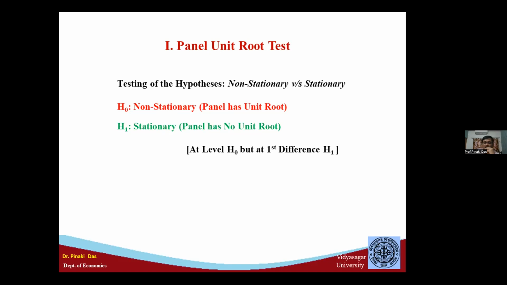But when we consider its first difference, meaning the successive difference from one period to another, then it is stationary, that is, no unit root. Do you understand what the level of a data set is and what the first difference of a data set is? Suppose I have data on Gini or GDP. Then what is the level of the GDP? Then what is the first difference of the variable GDP?